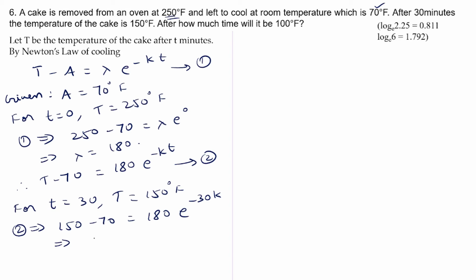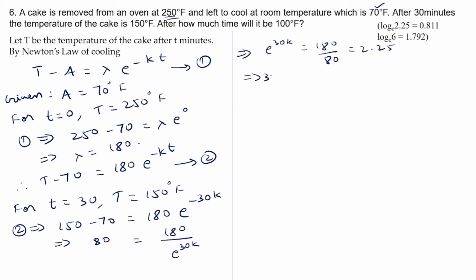This implies 80 equal to 180 upon e raised to 30k, or we get e raised to 30k as 180 upon 80. This when we divide, we get it as 2.25.